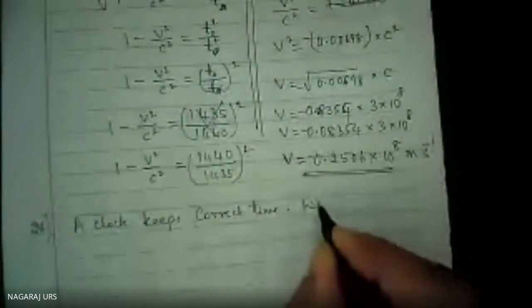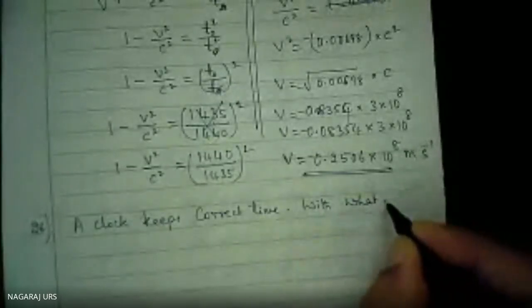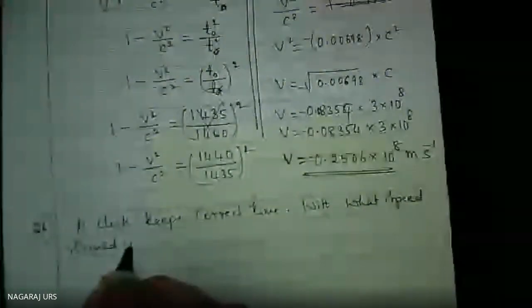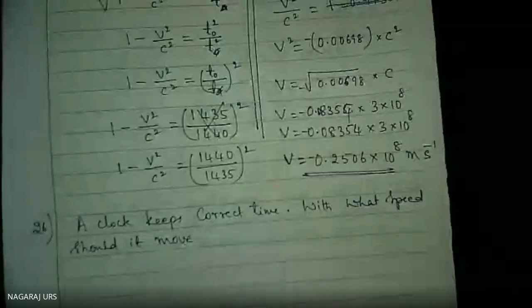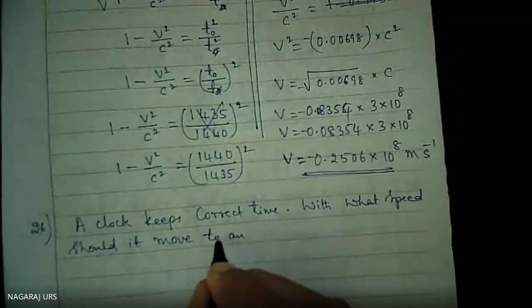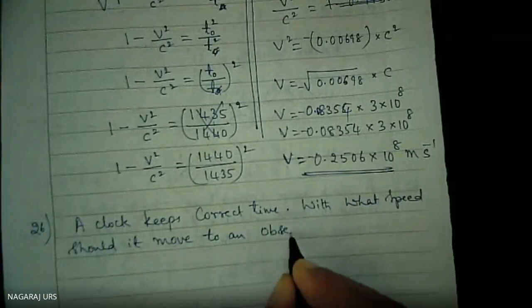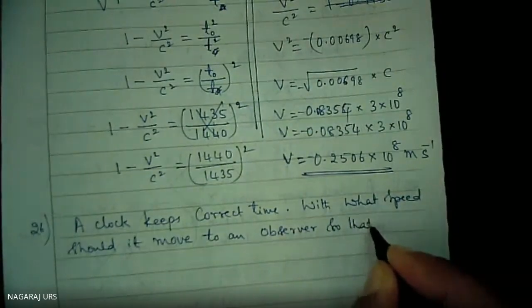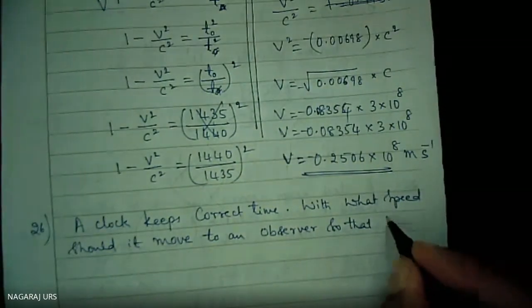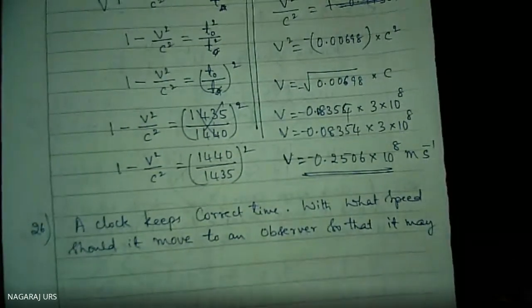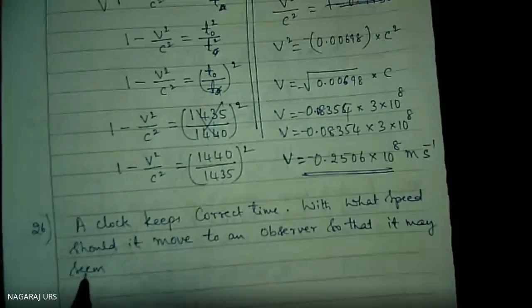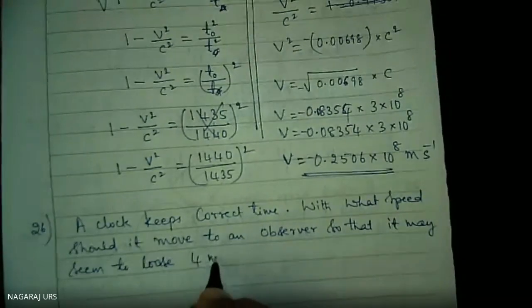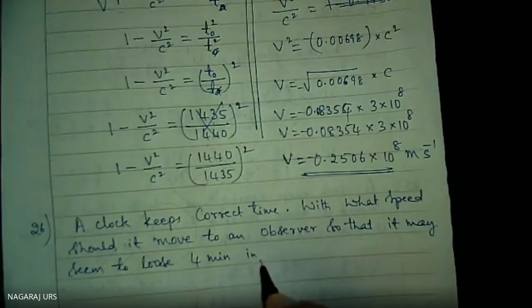With what speed, same type of question, should it move to an observer so that it may seem to lose 4 minutes in 24 hours?